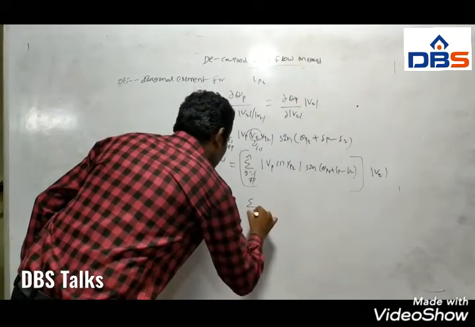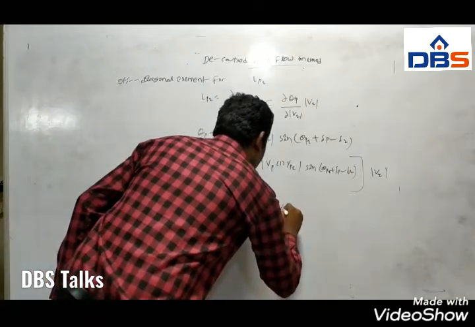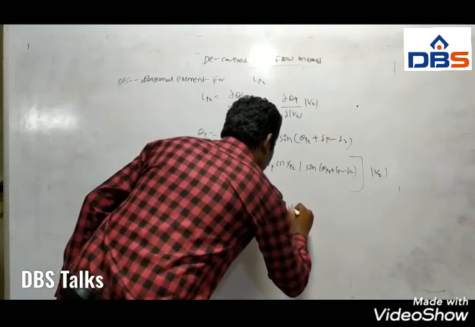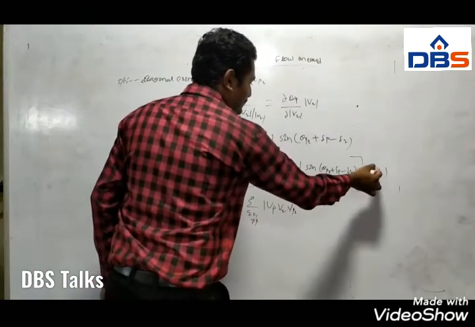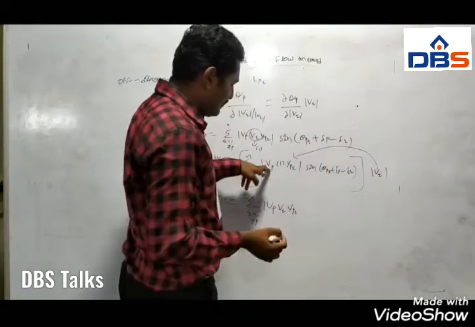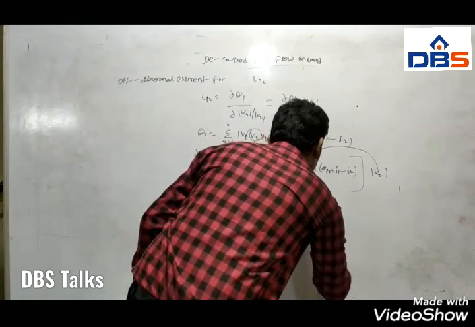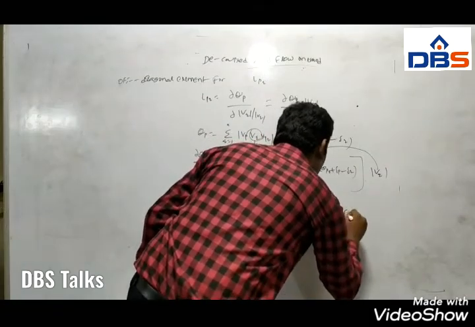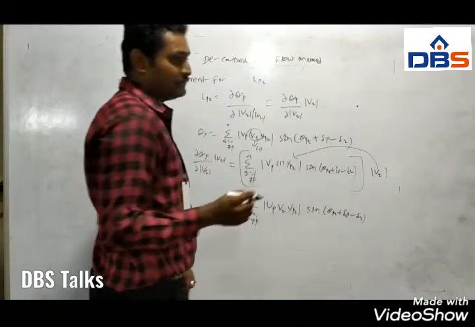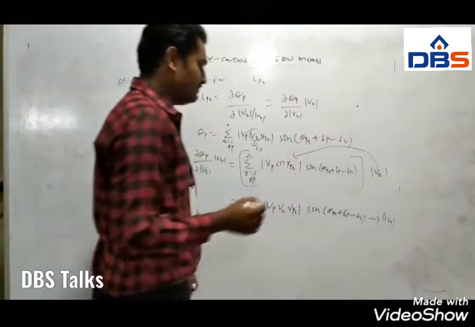Finally we have sigma q is equal to 1 to n, not equal to p, |Vp||Vq||Ypq|, meaning we are multiplying this term with this term. So we have Vp Vq Ypq into sine of theta pq plus delta p minus delta q. Treat this equation as the 14th equation.